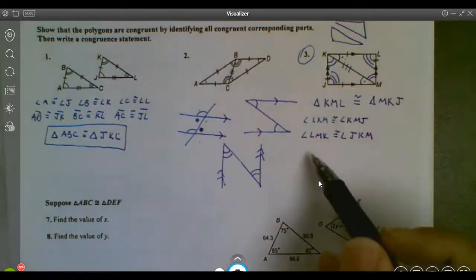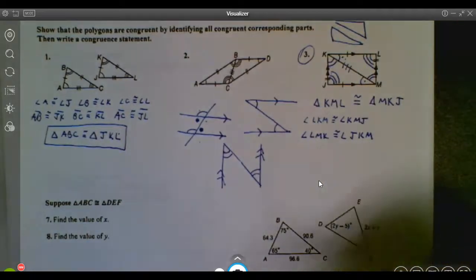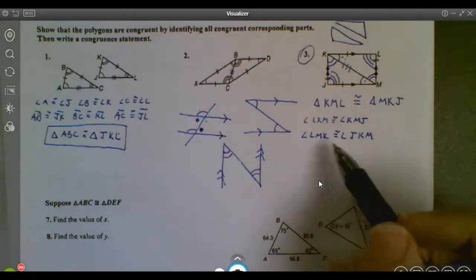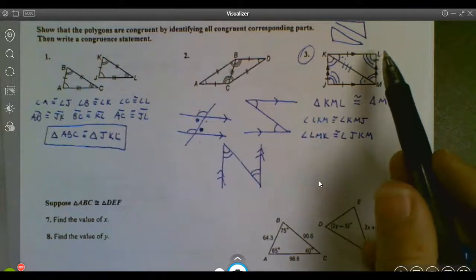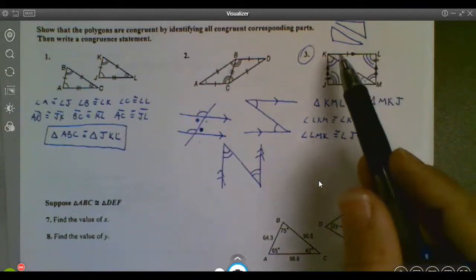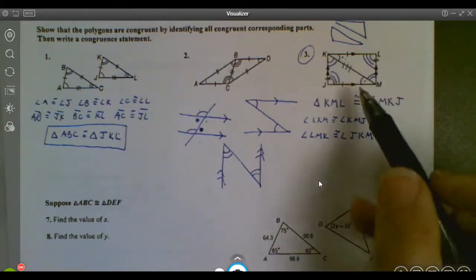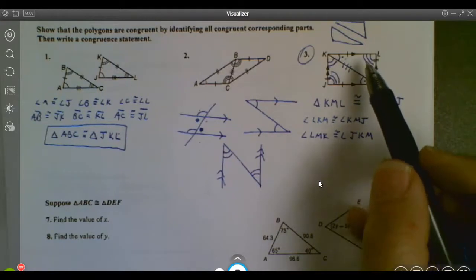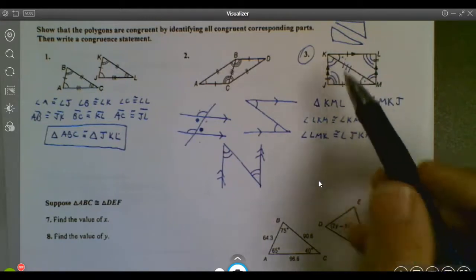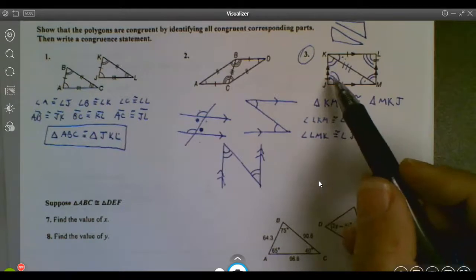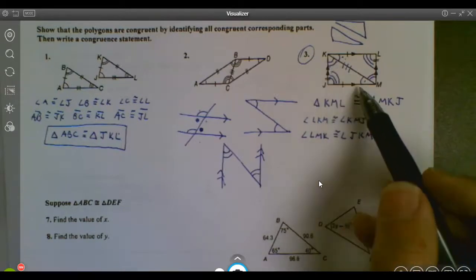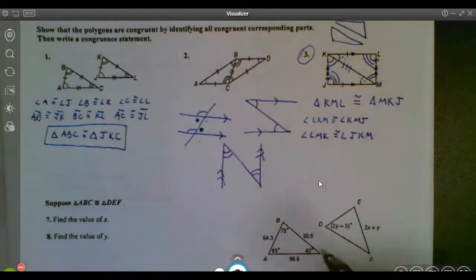Guys, even the order that I'm writing this is significant, right? If you look at it, if I said LMK, if that's the direction that I go, I went with the 3 marks to the 2 to the 1. I did the same thing here. I went from the 3 to the 2 to the 1. So I even kept that order consistent as I'm identifying angles.